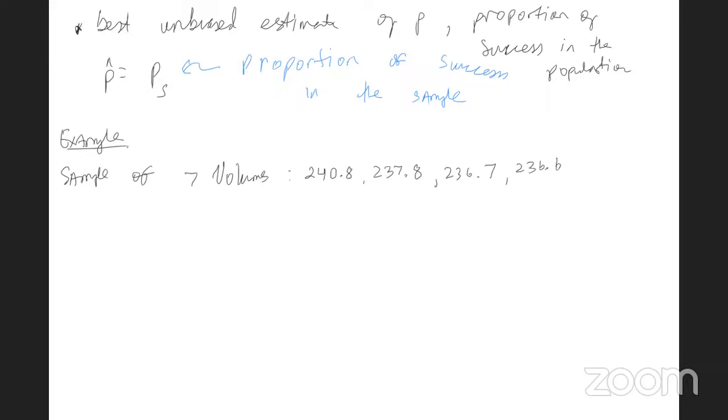Actually, let's just use 5 values, that'll be easier: 240.8, 237.8, 236.7, 236.6, 234.2. All I want are the unbiased estimates for mean and variance, because it's an estimate, you put a little hat on top.